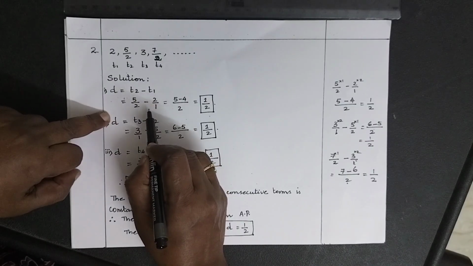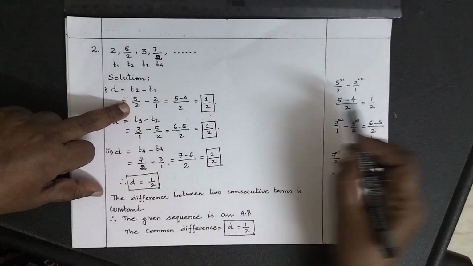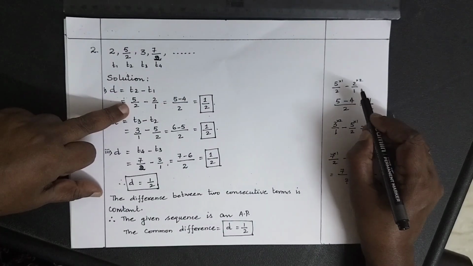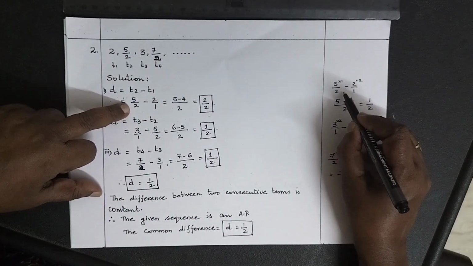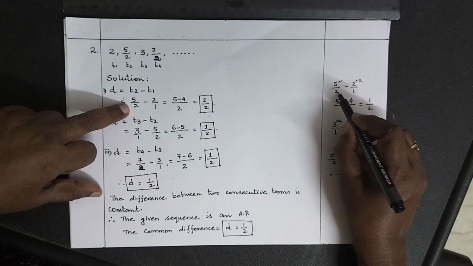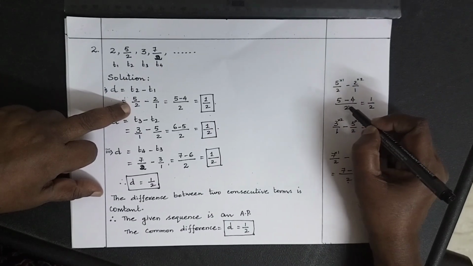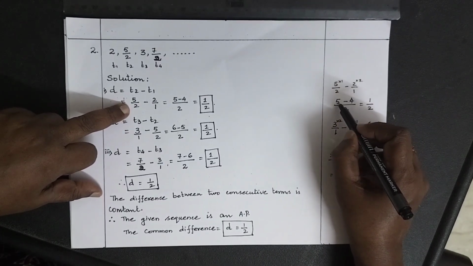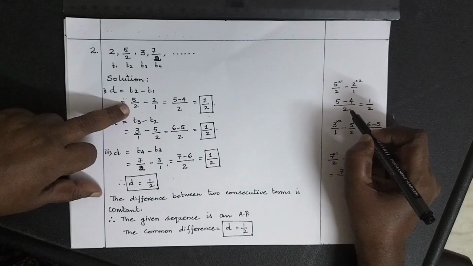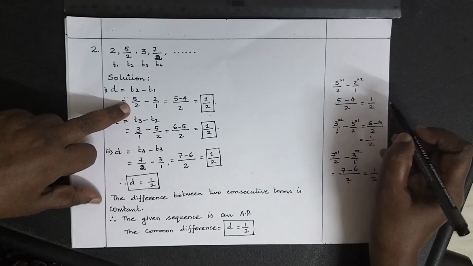There is no denominator, so put 1 as the denominator and take the LCM. You know how to take LCM and subtract. The LCM of 2 and 1 is 2. Multiply 5 by 1, which is 5, minus 2 times 2, which is 4, so 1 by 2.